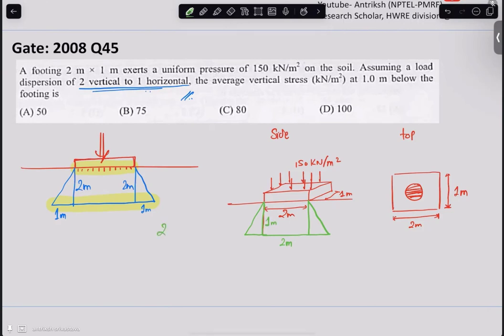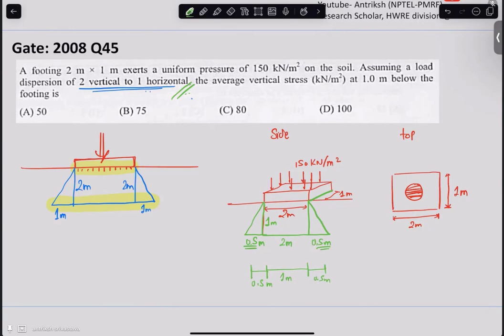You know that two vertical gives one horizontal, so one vertical will give 0.5 horizontal, from this ratio. So when you go 1 meter down, you will have moved this area by 0.5 meters on either of the sides. Similarly, for the 1 meter, you will have 1 meter and again 0.5 meter on the left side and 0.5 meter on the right side, right?